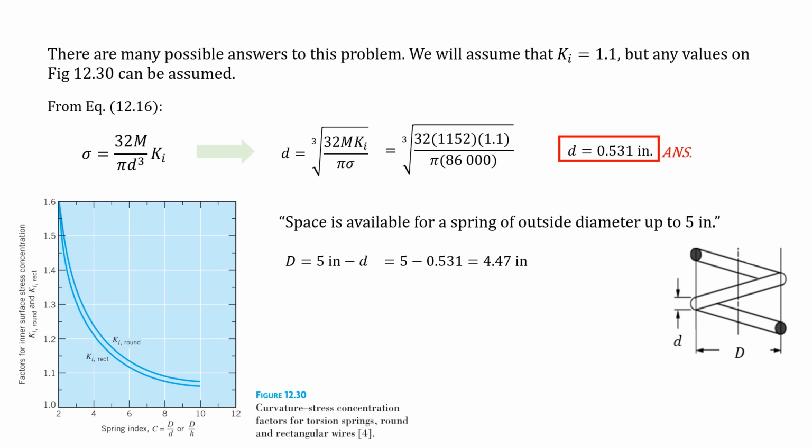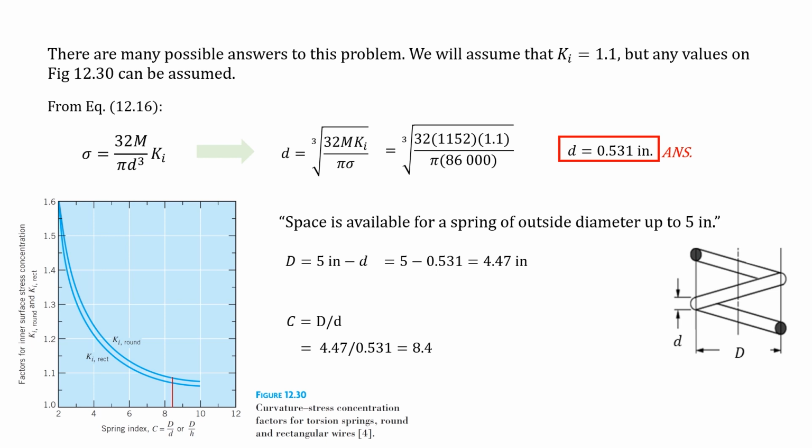So what we're going to do here is just do a little check. Our C value is D over d. That's our spring index. Hopefully you're familiar with this by now. So just subbing in our two values here, we have a spring index of 8.4. If we look at the figure, we're using the round and not the rectangular curve.